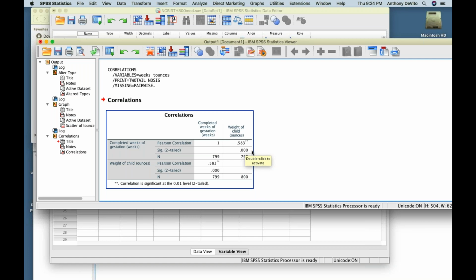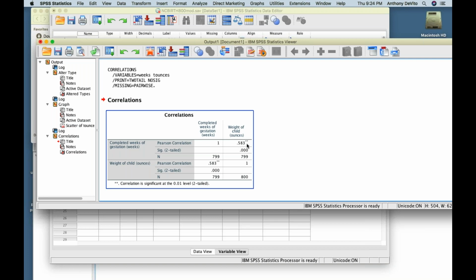I feel that there's well less than a 5% chance I would be wrong if I were to say that there is an association between the weeks of gestation and the weight of the child at birth. I feel pretty good that I can reject the hypothesis that there's no association and accept that there is an association. I feel pretty good about that.